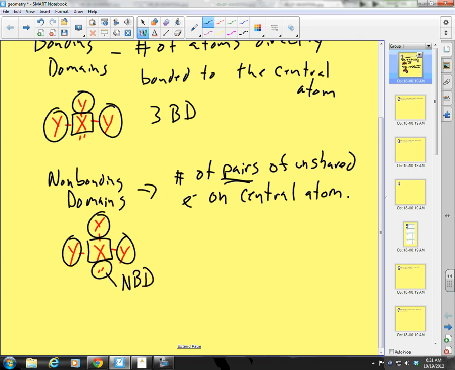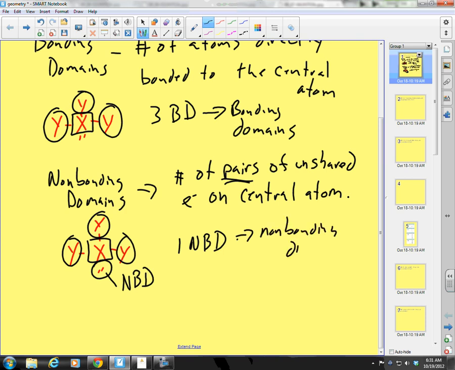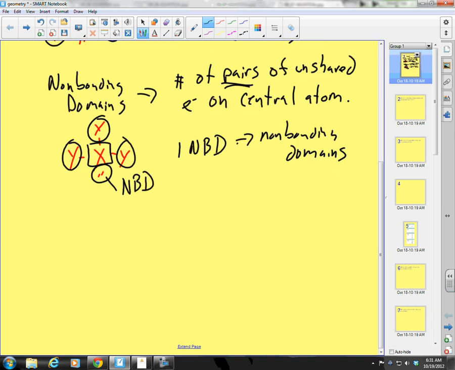So I'd say I have 1 non-bonding domain. And you can see I'm using abbreviations: BD for bonding domain, and NBD for non-bonding domains.